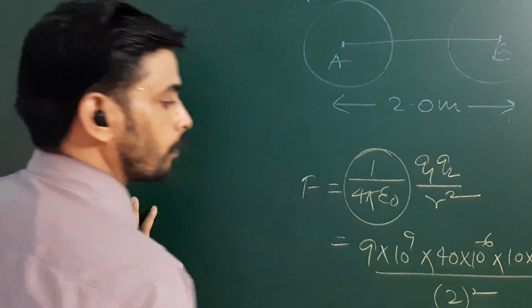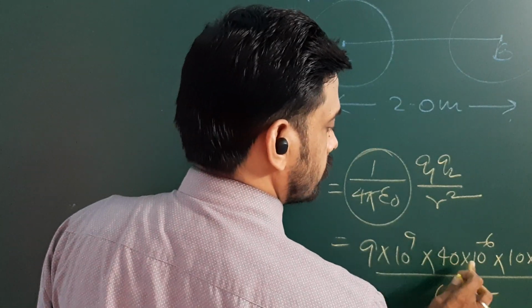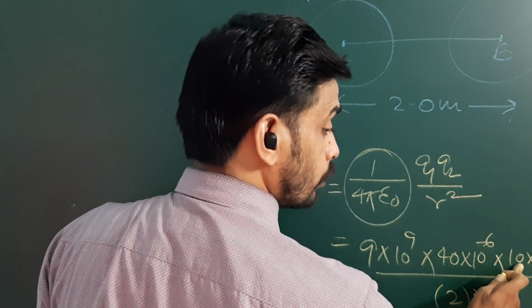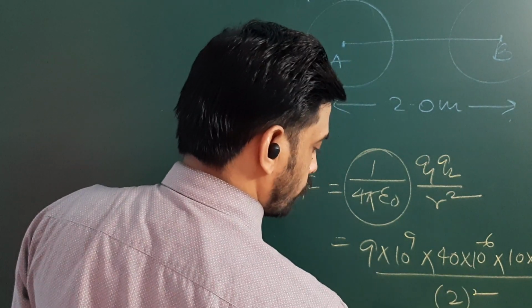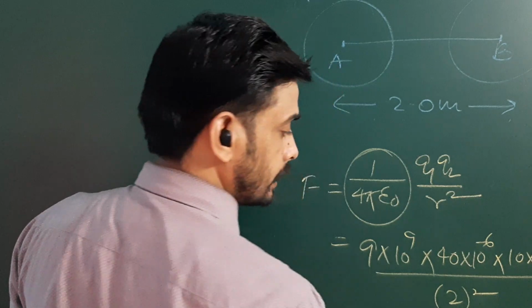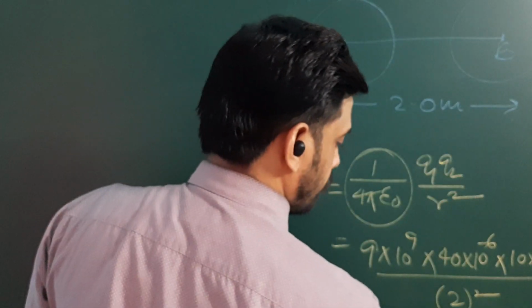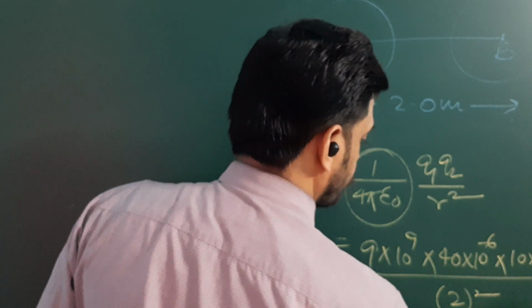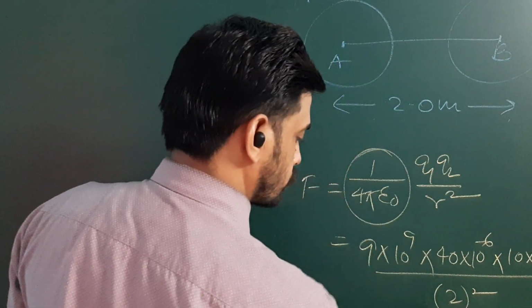Now it will be 9 into 40 into 10, so 400. Now we can write 4 into 100, that is 10 square, into 10 power 9 into 10 power minus 6 and minus 6, minus 12, and by 2 square, that is 4.